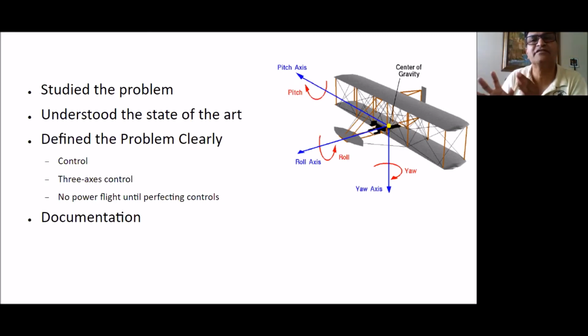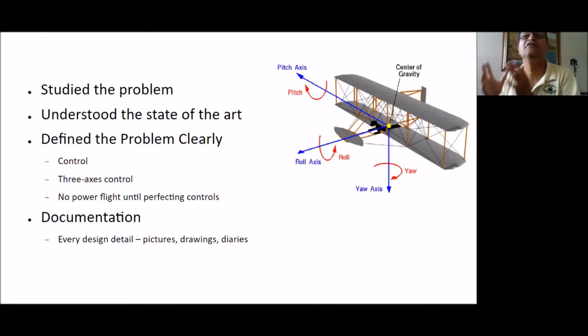Then we go back and study that component failure, we know why that component failed, and then we reiterate and rebuild that component. But if we don't have that kind of documentation, we cannot do the troubleshooting or come back and rebuild it. So in engineering, or anything for that matter in your life, documentation is extremely important.